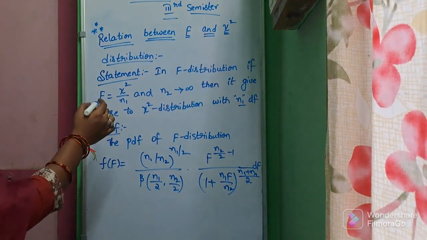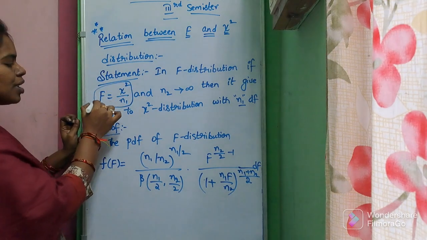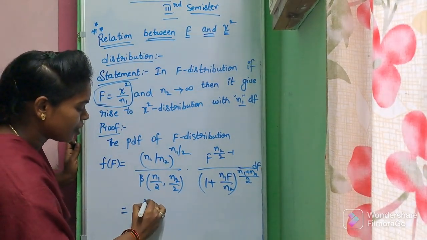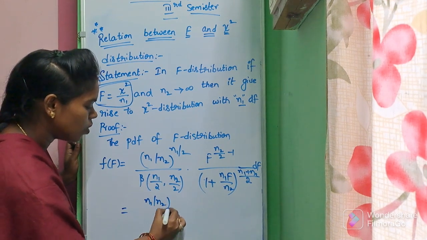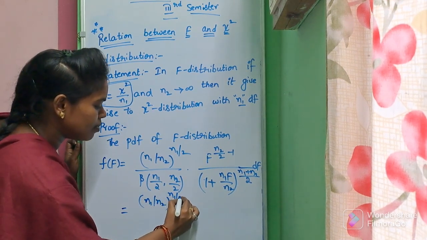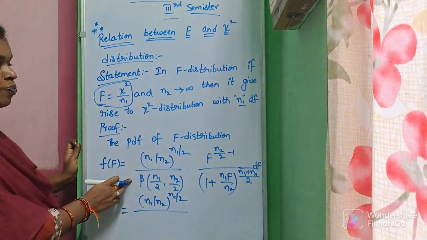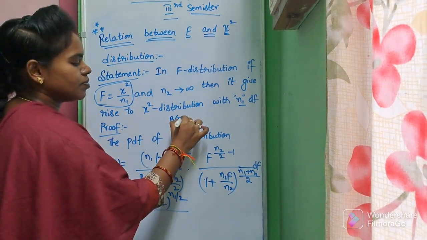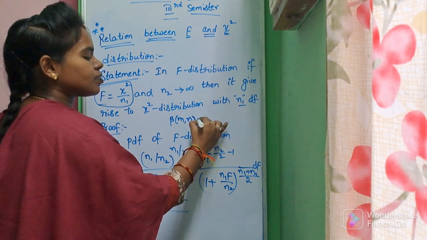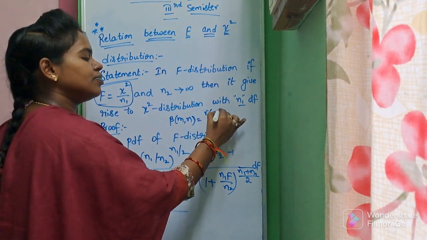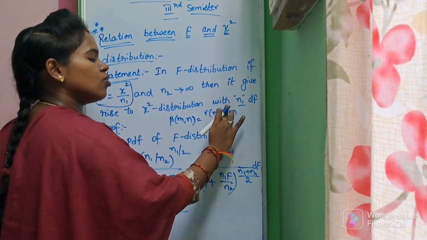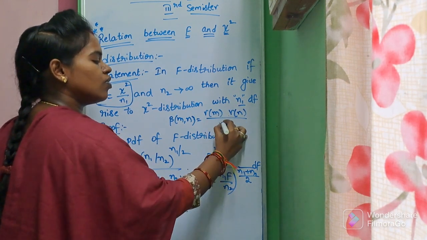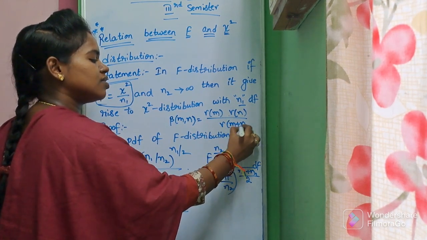And now I am just replacing capital F equal to chi-square by n1. Here n1 by n2 whole to the power n1 by 2 by, we already know beta of m comma n, gamma of m into gamma of n over gamma of m plus n.